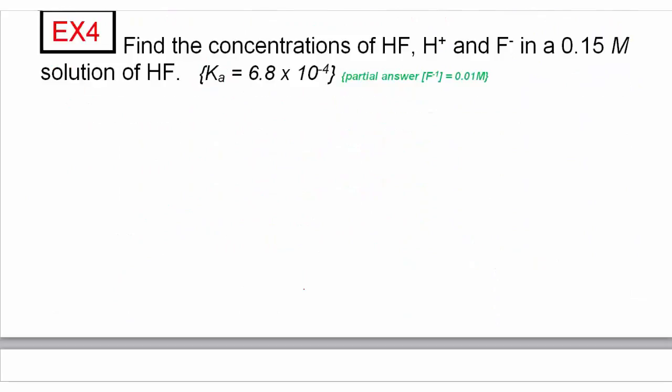Find the concentrations of hydrofluoric acid, hydrogen ion, and fluoride anion in a 0.15 molar solution of HF, and they give us the Ka. So again, this is an ICE problem of the Ka reaction. So let's write that Ka reaction.